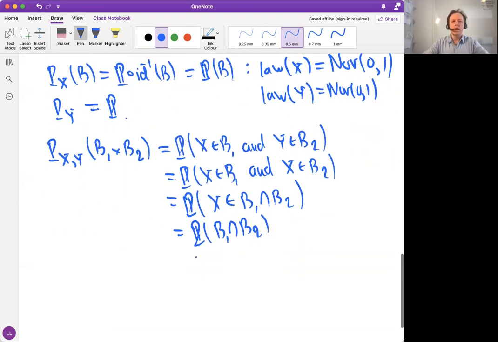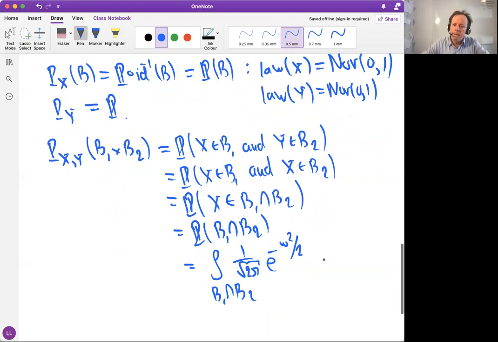And now we know that it's the Gaussian kernel, so we integrate with the Gaussian density. So it's the integral over B1 intersection B2 of 1 over the square root of 2 pi, e to the minus omega squared over 2, Lebesgue d omega, and d means "in front" or "inside", so it's a synonym.